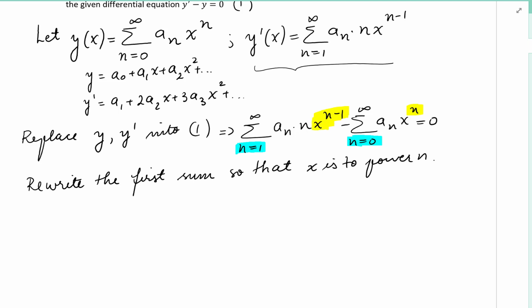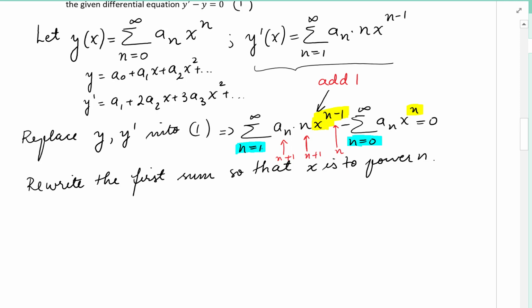I want it to be x to n. What does that mean? It means I actually want to add the 1, right? So each of them is going to add a 1. So each of them are going to become n plus 1, and this one is going to become just n.